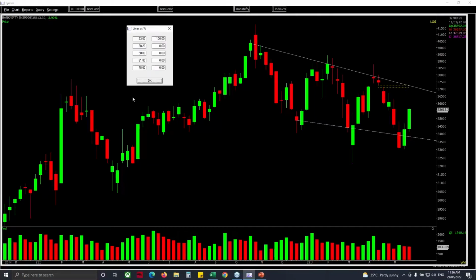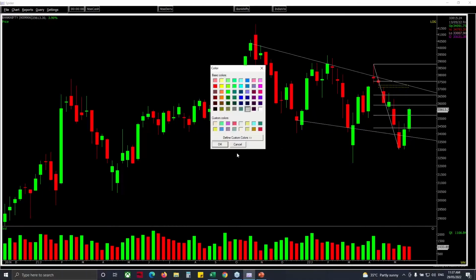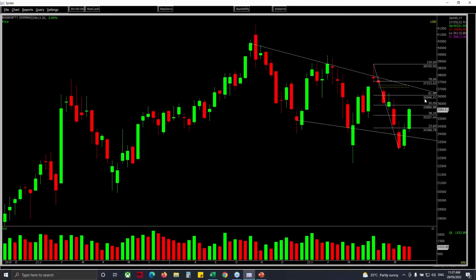If I check the retracement of the previous down move, then we are approaching the 36,561.8 level. Once breached, we can think of 36,600 to 36,800 levels.